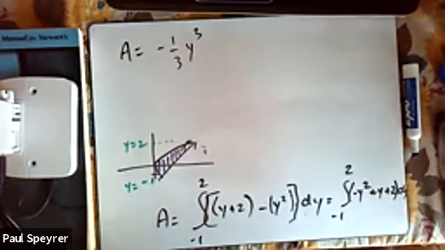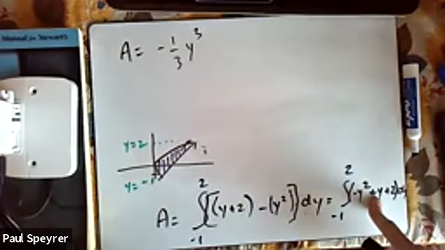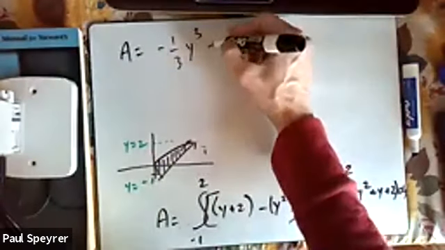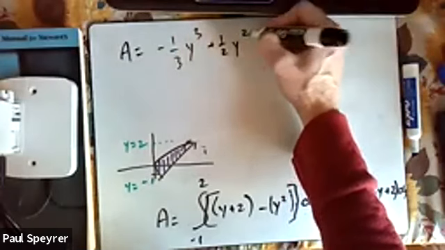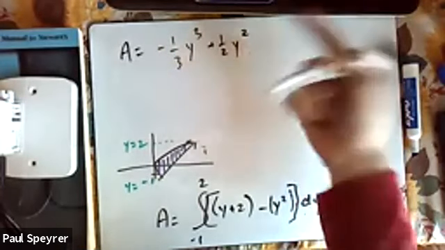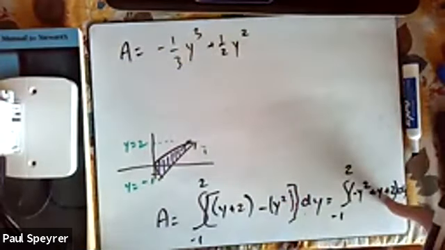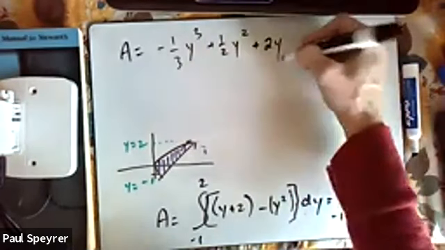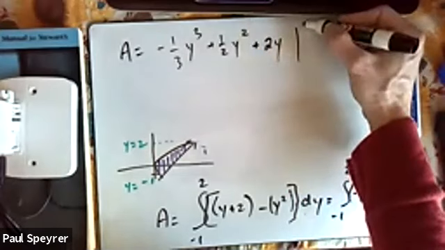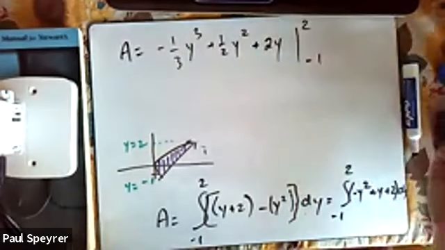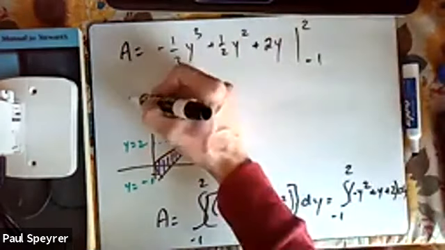It's negative 1/3 x cubed. Same concept. Antiderivative of y with respect to y is a half y squared. It's still the power rule for antiderivatives. And then the antiderivative of 2 with respect to y is just 2y. And then you evaluate from -1 to 2. So you just watch the signs, right?